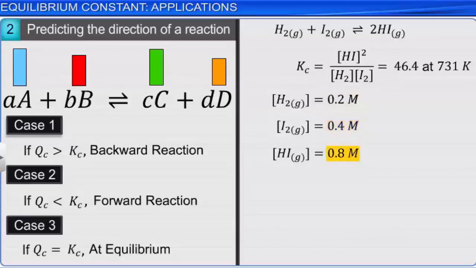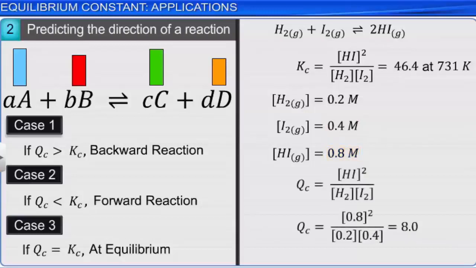The reaction quotient QC at this stage of the reaction is equal to the concentration of hydrogen iodide raised to the power of 2 divided by the product of the concentrations of hydrogen and iodine. This is equal to 0.8 squared divided by 0.2 into 0.4.